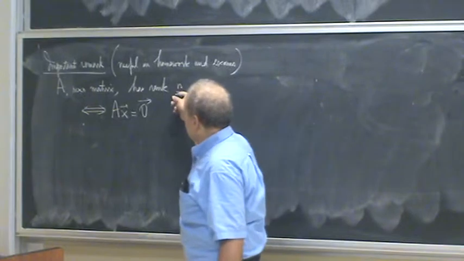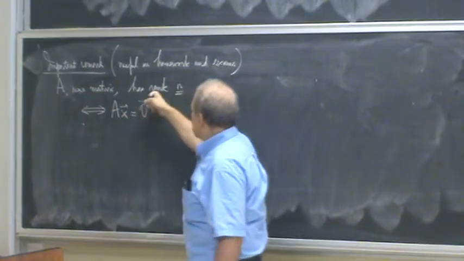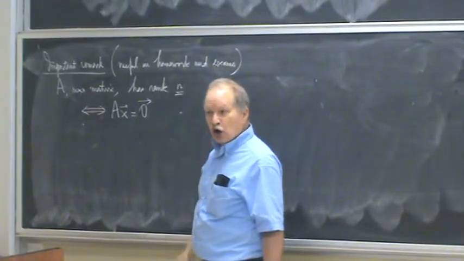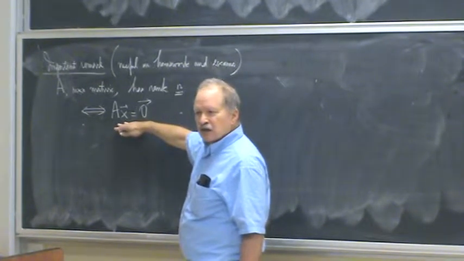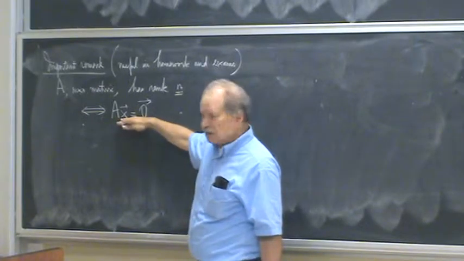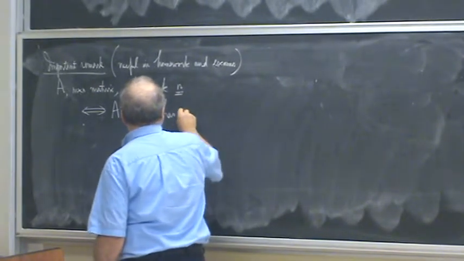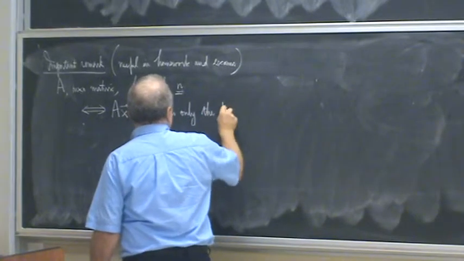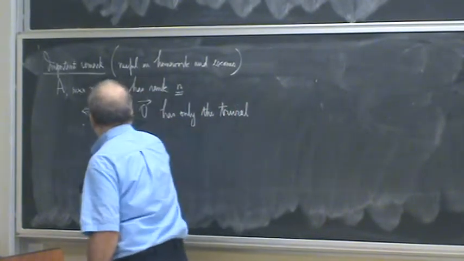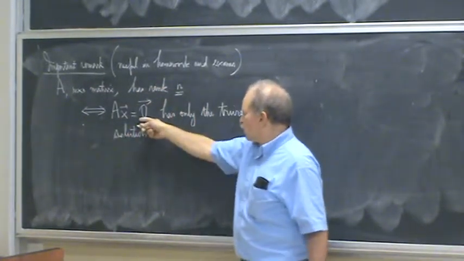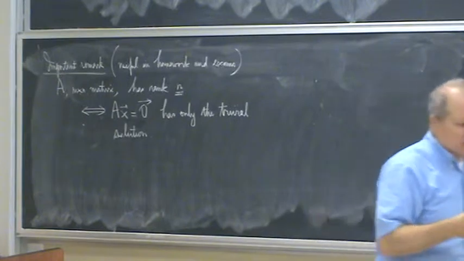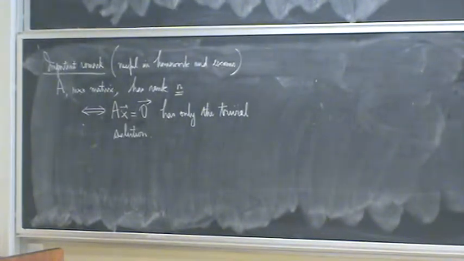And what did we say though? If you have an m by n matrix whose rank is n, that means no free variables, which means, what about solutions of this? So the math language for this is that this system of equations has only the trivial solution. Now, math people are very fond of using the word trivial to put down their friends.